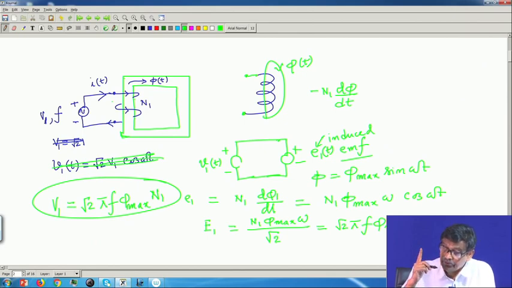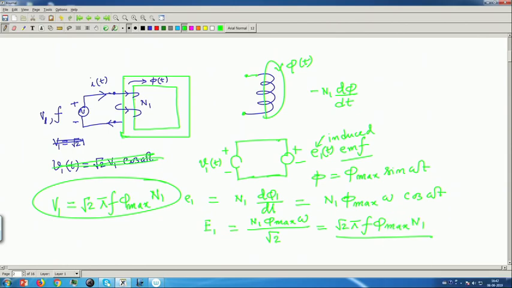What is the magnitude of this induced RMS voltage? It is root 2 pi f phi max into N 1. Applied RMS voltage is known, V 1, induced RMS voltage is known, capital E 1, and these two must be same, because KVL is to be satisfied in the primary.